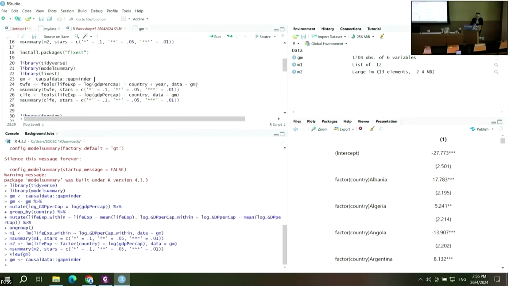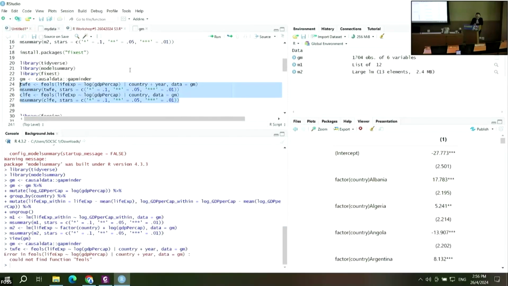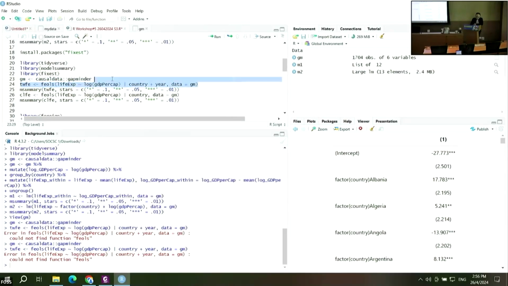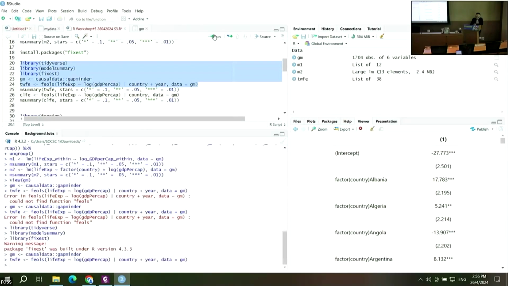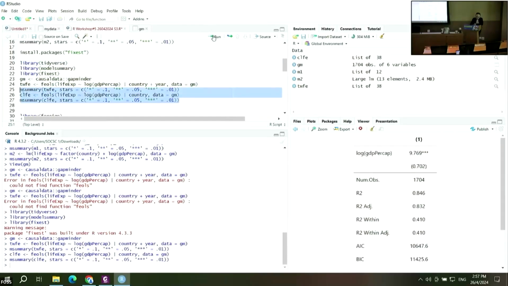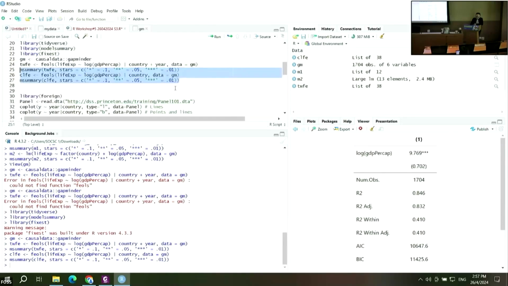So this is what I do with two-way fixed effects. Okay, now the two-way fixed effects actually works here if you load the data first and do that. Okay, it actually does run.